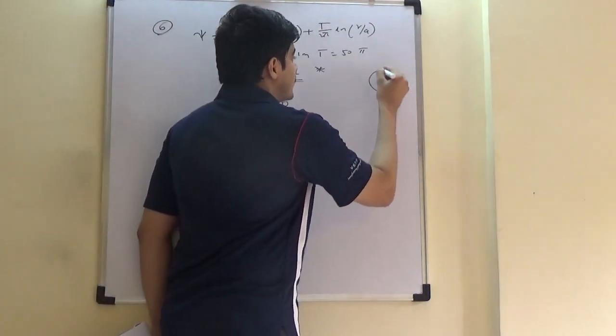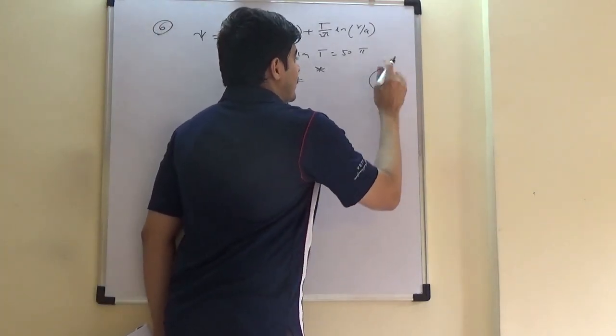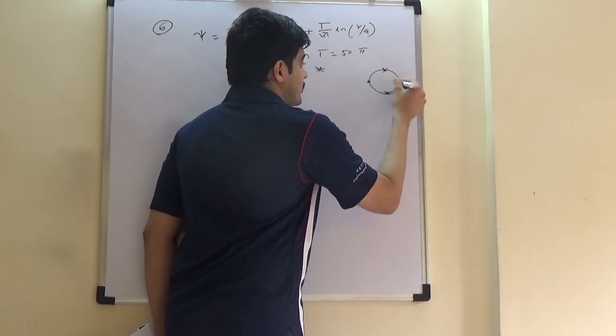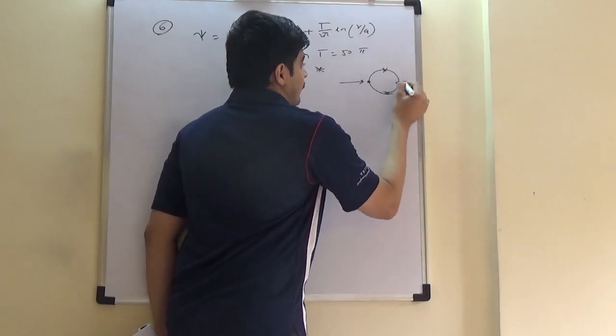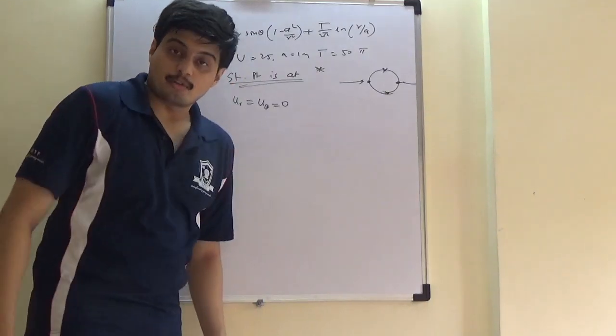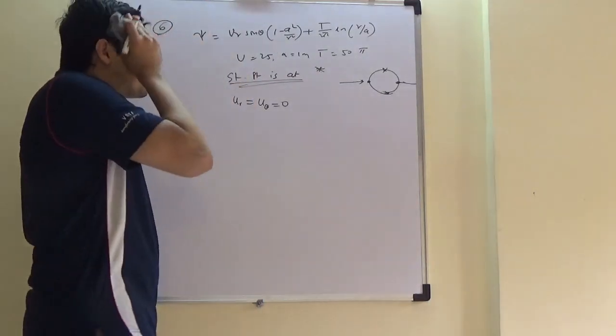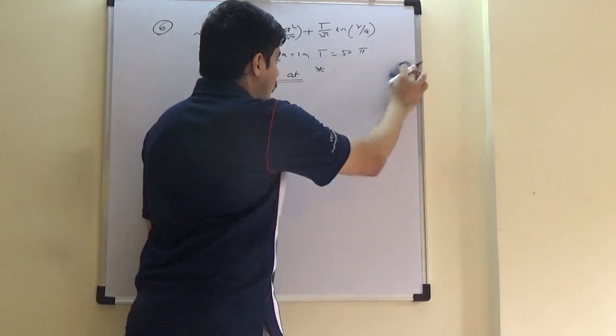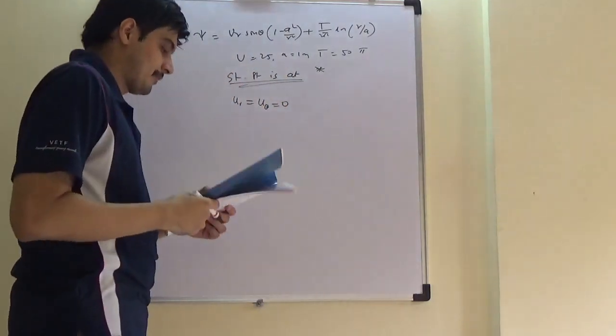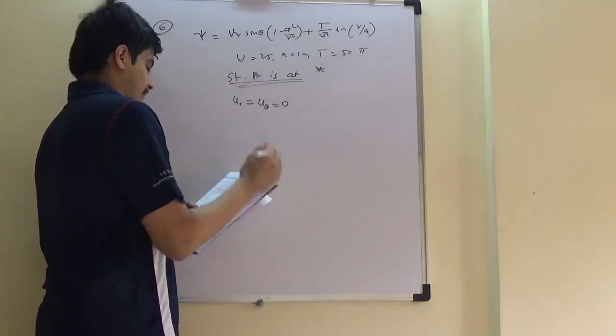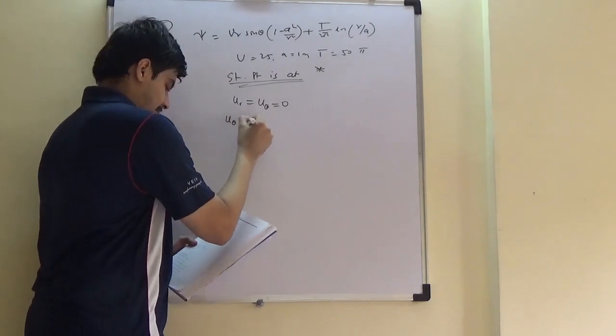For the non-rotating cylinder, it was easy to tell what the stagnation points were, this point and this point, because there was no ur, there was no u theta. But because of the cylinder rotating, the tau being in place, it is no longer a simple case. What is u theta?